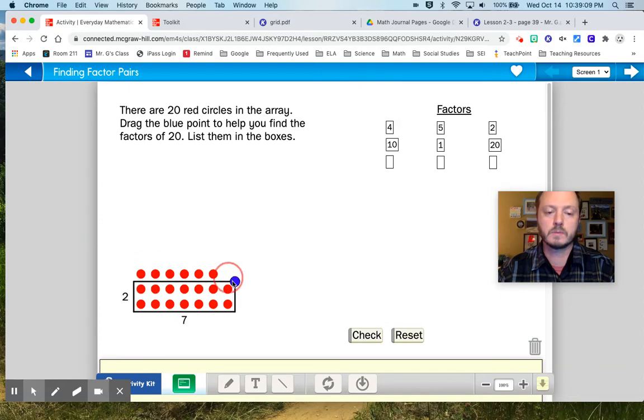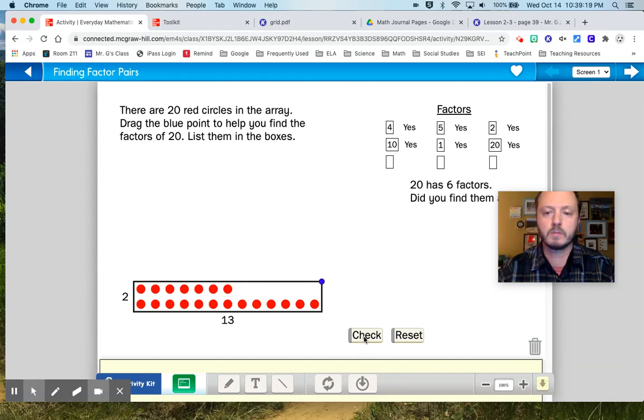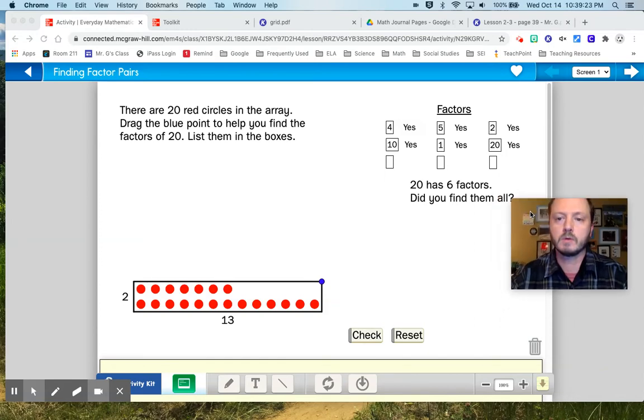Nope. 7, doesn't work. 8, nope. 9, nope. 10, yes. All right, so we have all those factors. So let's check it. And 20 has 6 factors. Did you find them all? Yes, yes, yes, yes, yes. All right, so this is a nice way to check and see if you had all the factors.